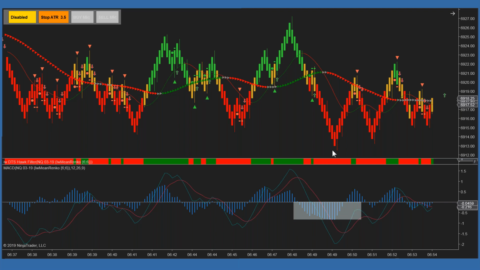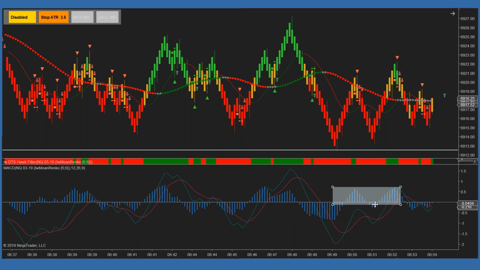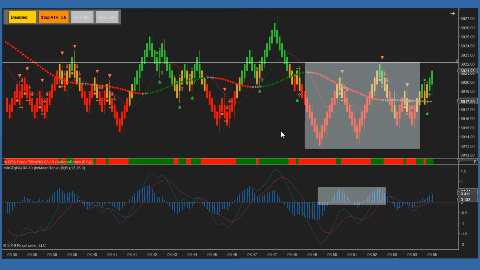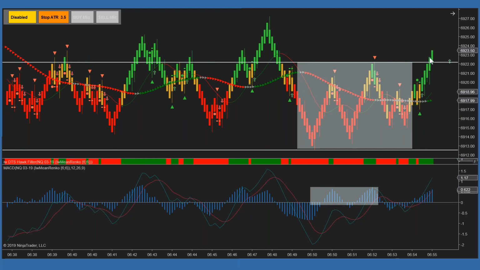So you can say, okay, price is here on the low side. And looks like that might be the high point on this side. So you may say, all right, so long as price is in between these 2 points, we'll avoid it. Okay, there's the bullish break.